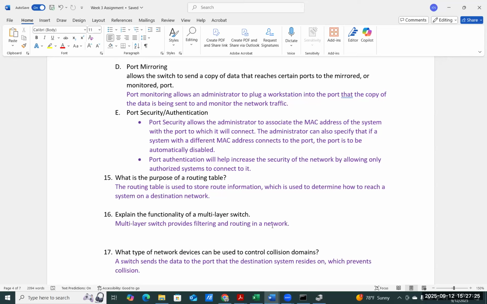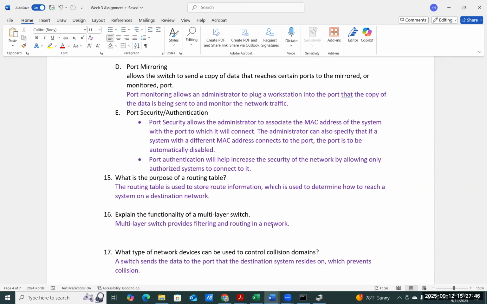But when you call to reset your password for your account online, that's a separate department. So what they do is they set up the layer 4 or higher layer switch, and they create segregation in these departments, so that way they can handle specific calls.